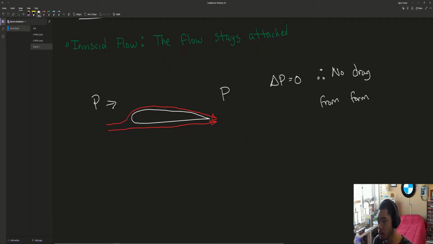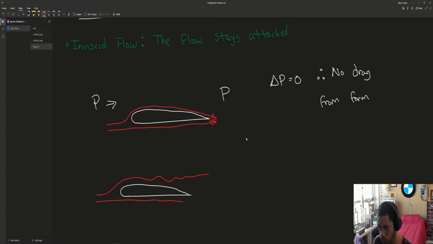But once we add viscous effects and we have the boundary layer, we see that the flow starts to get weird. We get some separation here, and then we find out that the pressure going in doesn't relate to the pressure going out. This is viscous flow.